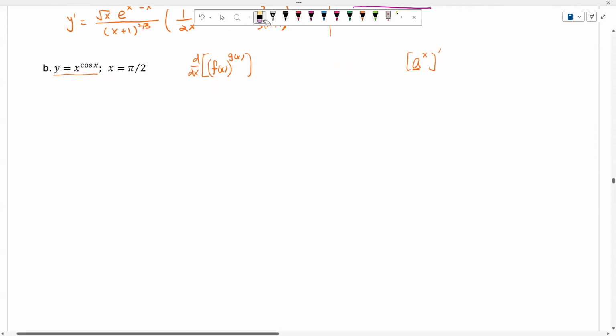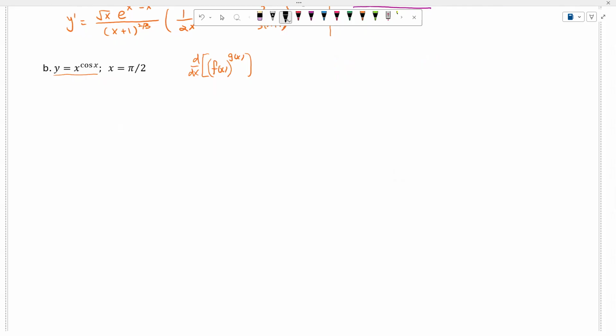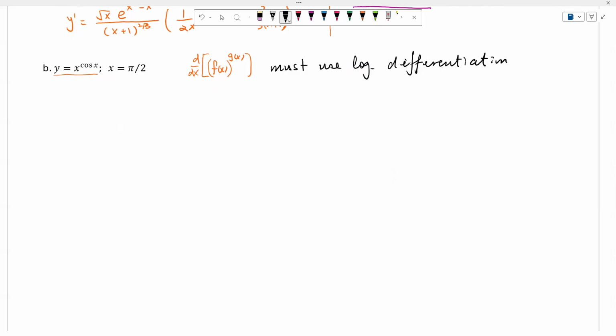If we take the derivative of a function raised to the power of a function, in this case, we must use logarithmic differentiation to finish this problem. No other choices. So now I need to take the natural log to both sides of the equation.